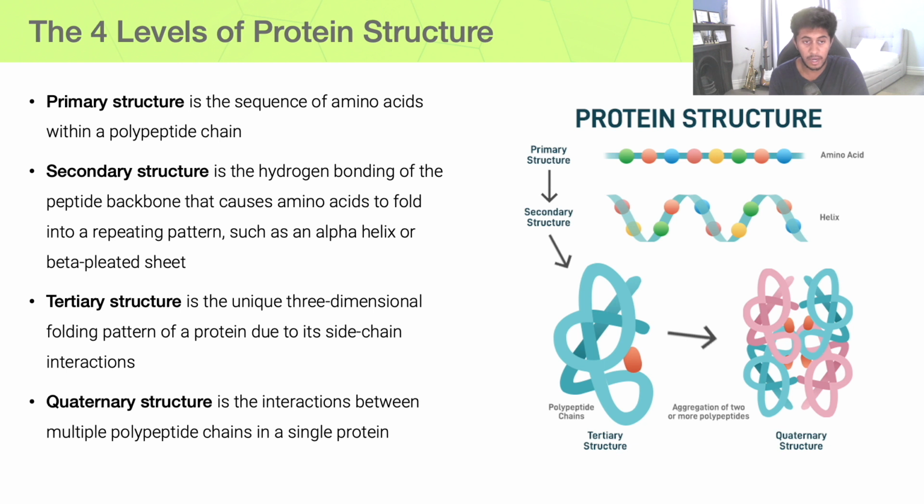Secondary structure is the hydrogen bonding of the peptide backbone that causes amino acids to fold into a repeating pattern, such as an alpha helix or a beta pleated sheet. Now, these are 2 examples of potential structures, but there are many more that could be caused by secondary structure. Tertiary structure is the unique 3-dimensional folding pattern of a protein due to its side chain interactions.